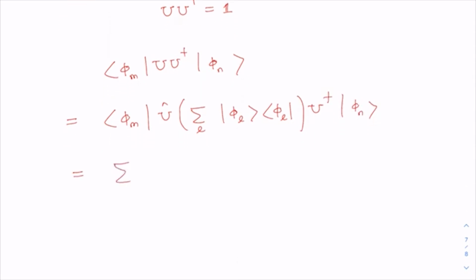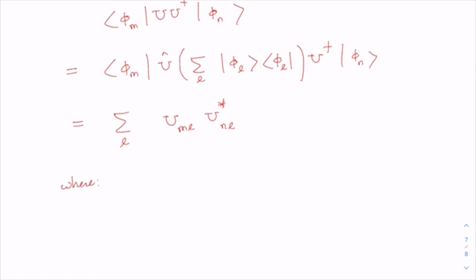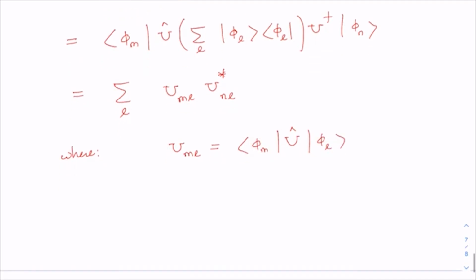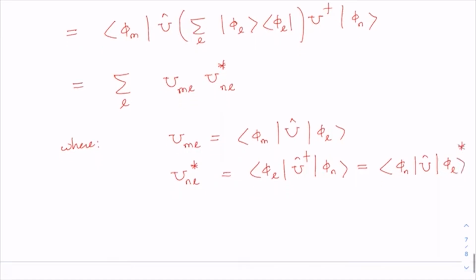This I can write as a summation over l of U ml U star nl, where I defined U ml, the matrix element of this unitary operator, as phi m U phi l, and U nl star as phi l U dagger phi n, which is actually phi n U phi l, and then I take the complex conjugate.